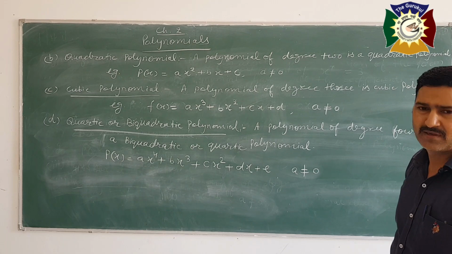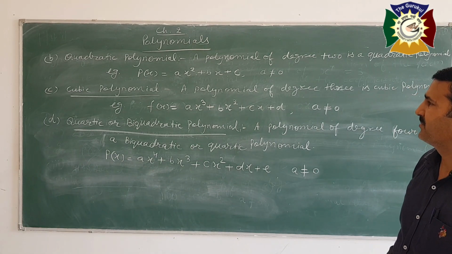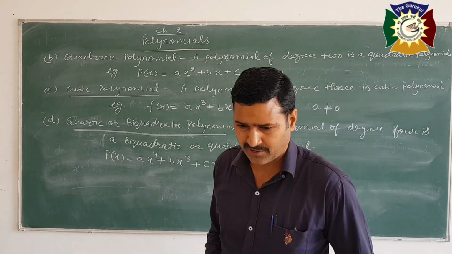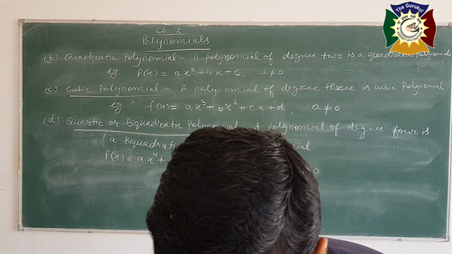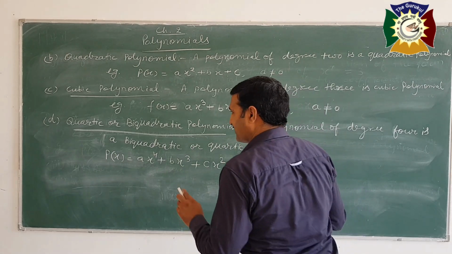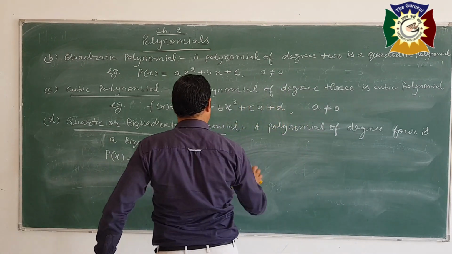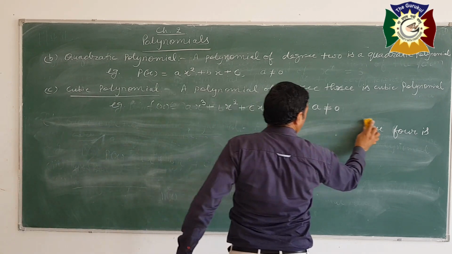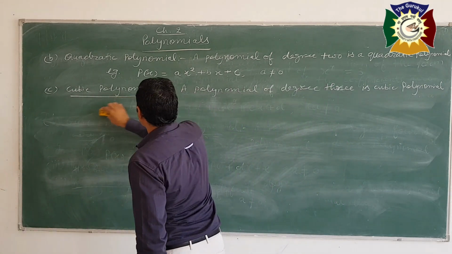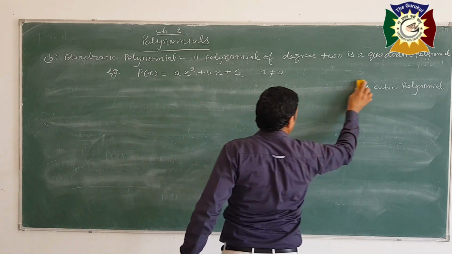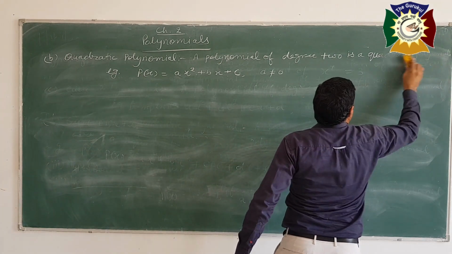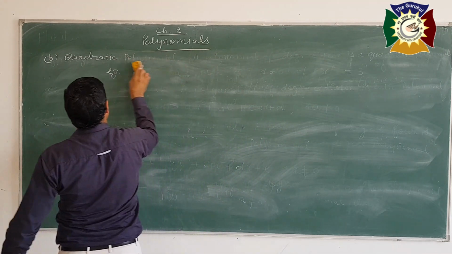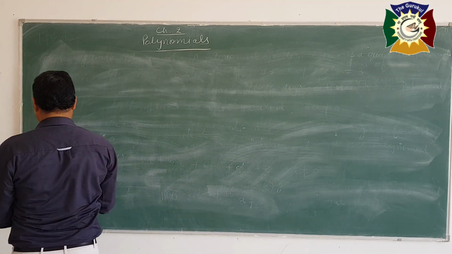Now, some more polynomials based on the terms, number of terms in the polynomial. We have mainly 3 types of polynomials based on number of terms.